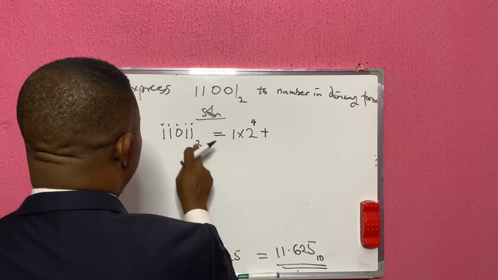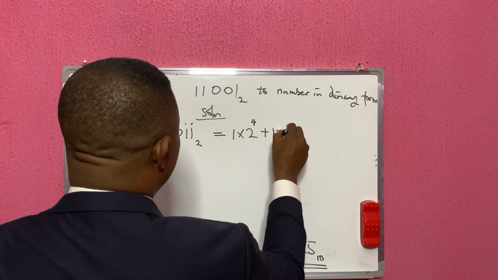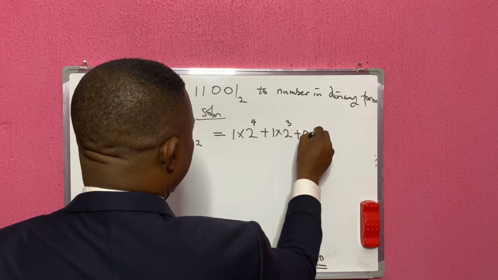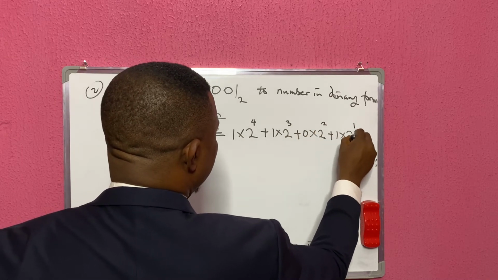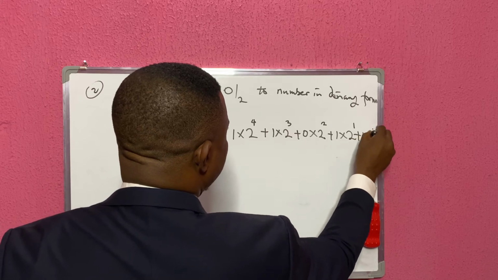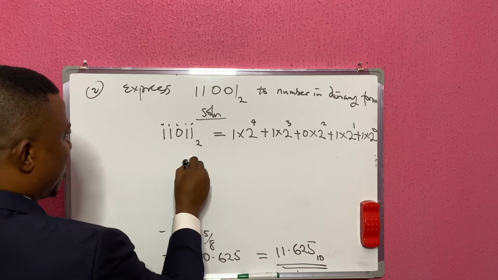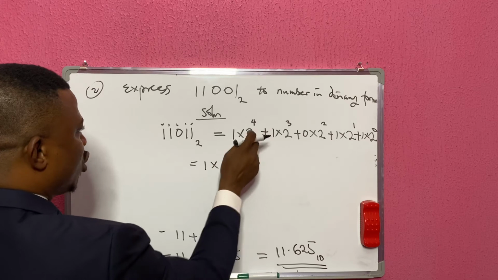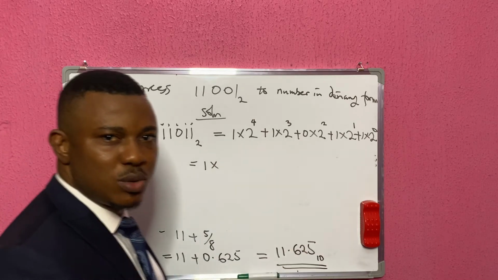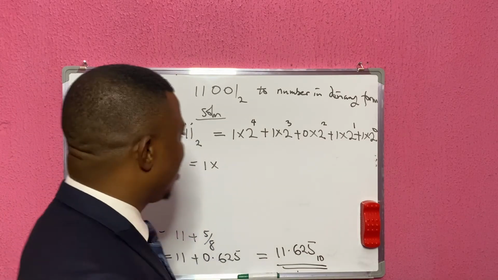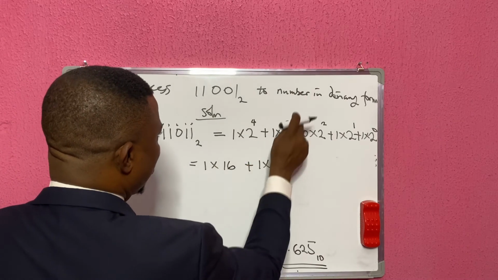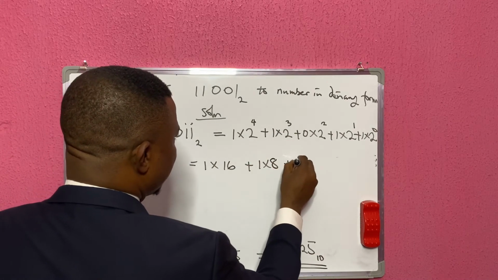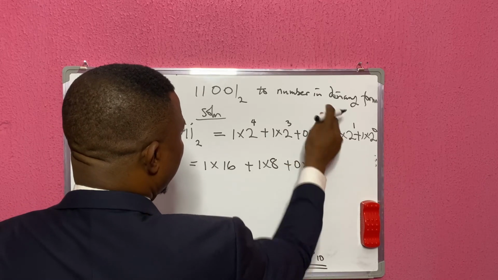Plus 1 multiplied by this base, 1 times 2 power 3, plus 0 times 2 power 2, plus 1 times 2 power 1, plus 1 times 2 power 0. You will write 1 times 2 power 4, which means 2 times 2 times 2 times 2. That is 16. Plus 1 times 2 power 3 is 8. Plus 0 times 2 power 2, which is 4.